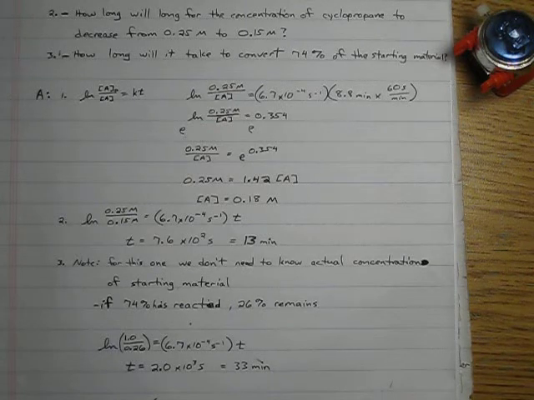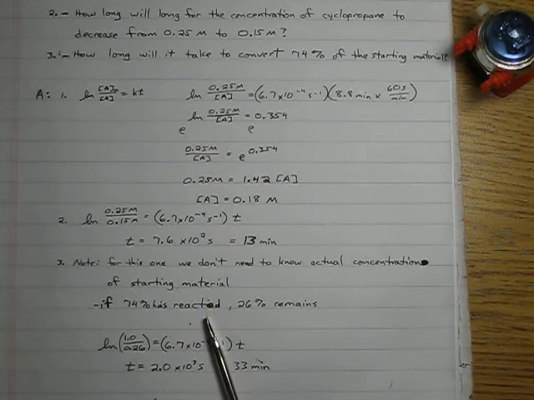If you've converted 74% of the starting material, how much of the starting material is left? Well, if 74% has reacted, only 26% remains. There's 26% left.